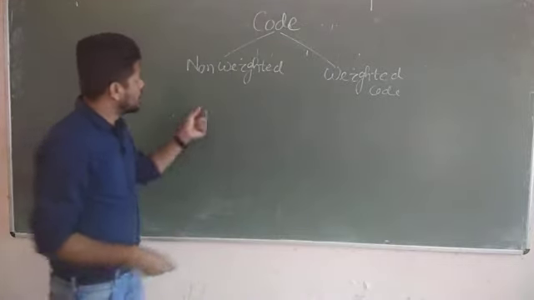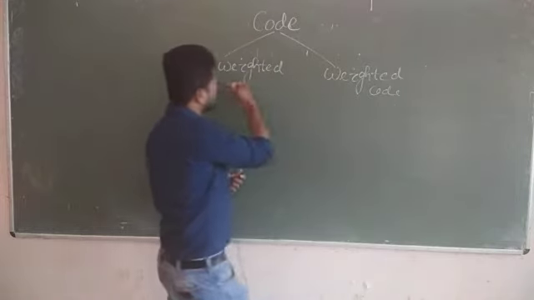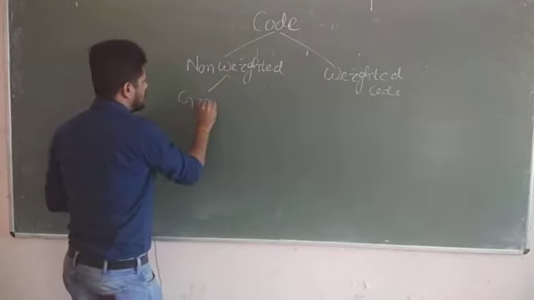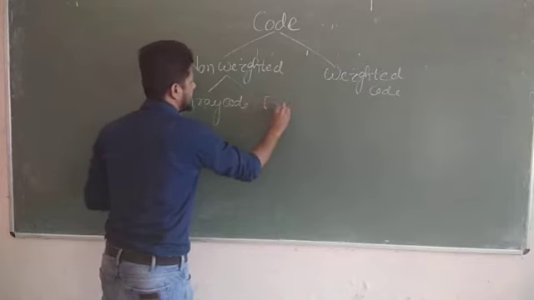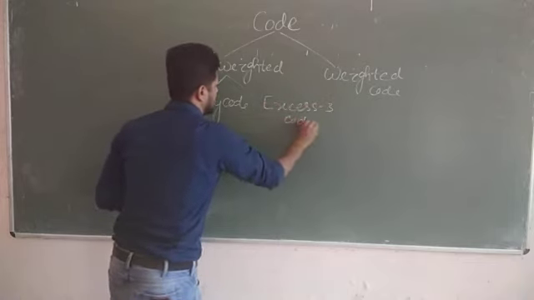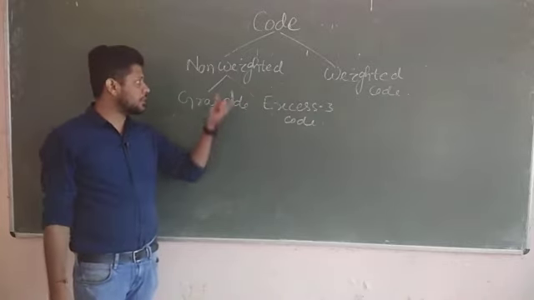So in this class we will see the non-weighted codes, where we will study Gray code and XS3 code, and we will also discuss their application. Why will we study these non-weighted codes?